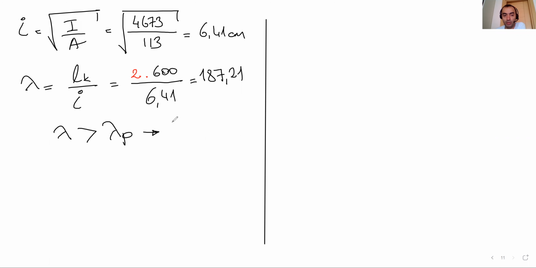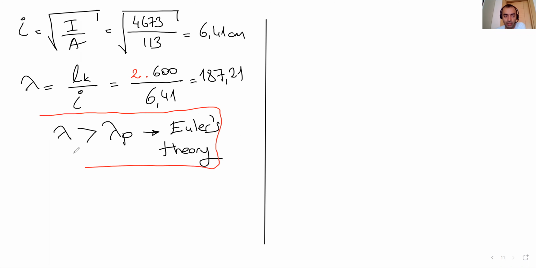We use Euler's theory. We make a decision here depending on the lambda. So we will use the critical load equation here, P critical.